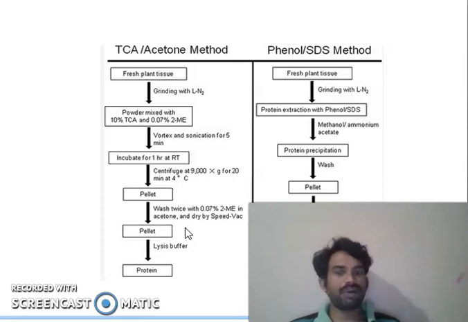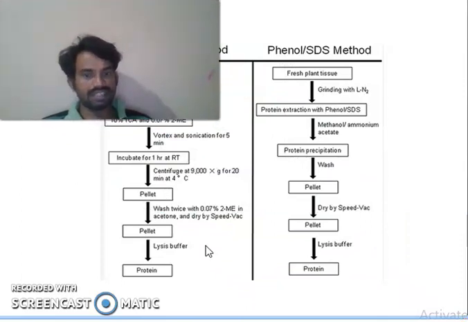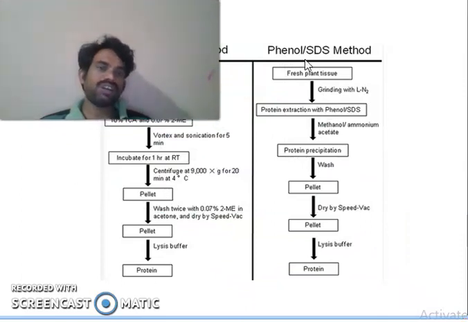Then the pellet will come out, wash twice with other solvents, acetone, and speed vacuum, then add lysis buffer to the pellet to get the protein. So these are the protein extraction methods.